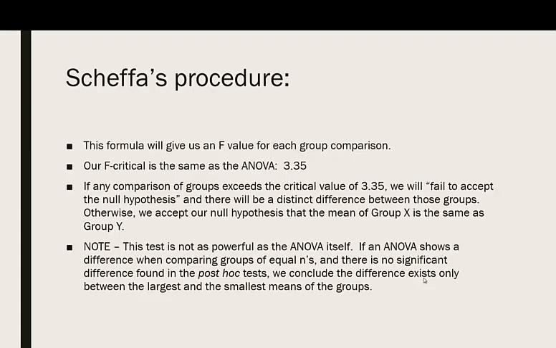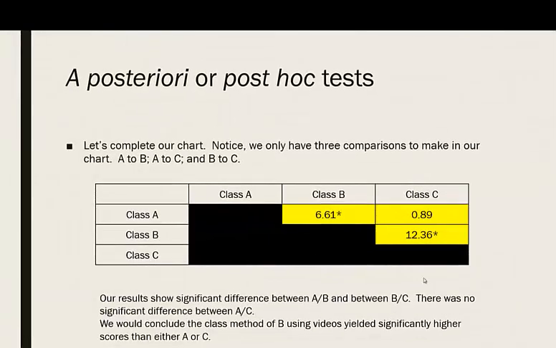And so there might be a chance that you could run a post hoc test and not show any significant differences among the groups. If that were the case, then what you would do is simply say the difference exists between the two groups that have the largest separation of means.